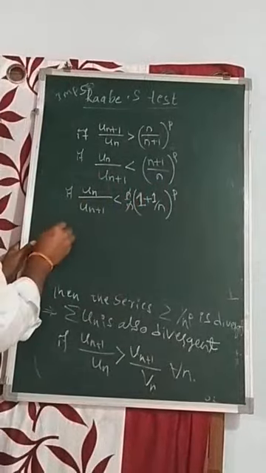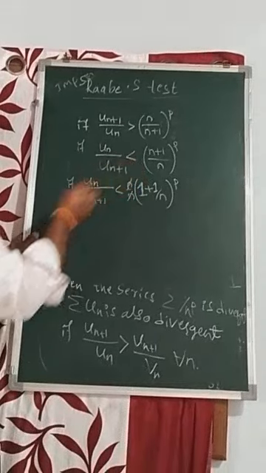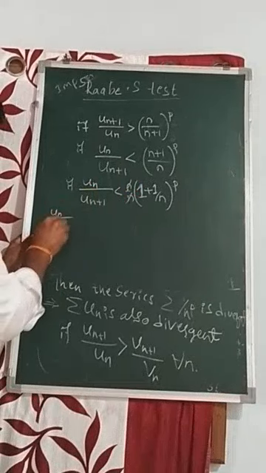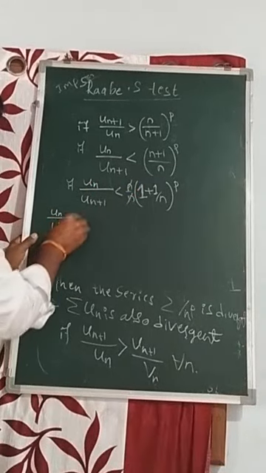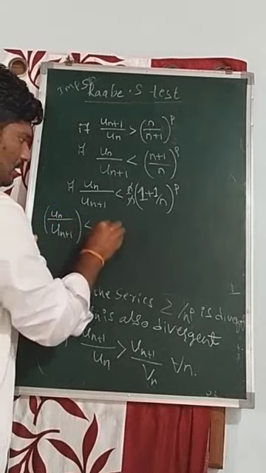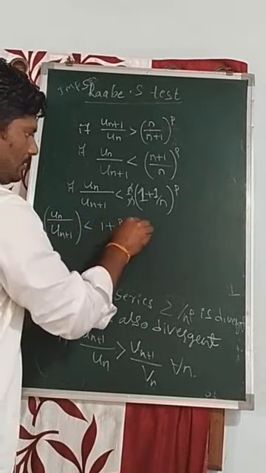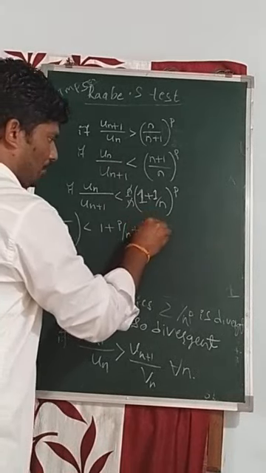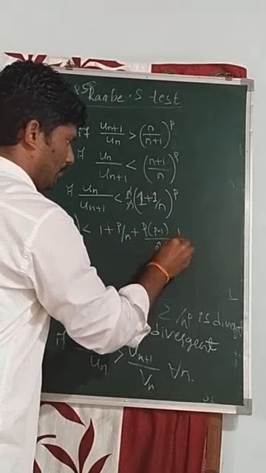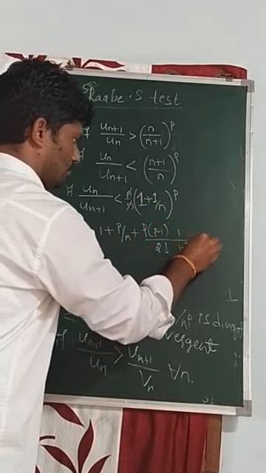Expand this term by using the a plus b raised to n formula. Un divided by un plus 1 is less than 1 plus p divided by n plus p into p minus 1 divided by 2 factorial 1 divided by n square plus and so on.